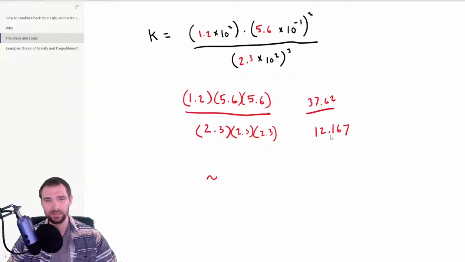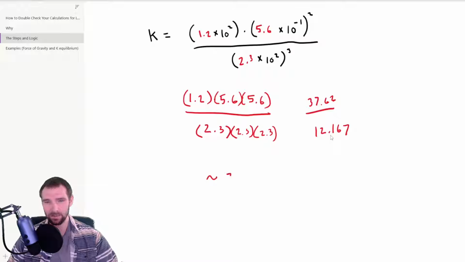I might look at this as 1 times 5 or 6, maybe 6-ish. Let's go with 6. And then times 5, that'd be 30-ish on the top. So I'd tell myself I've got about 30 on the top. I've got 2 times 2, maybe 4, times another 2, that's 8. So you've got 30 over 8, or about 3 or 4-ish. And that will give us a rough idea.